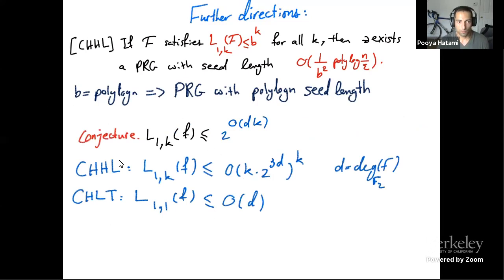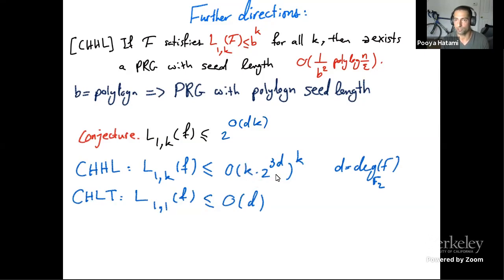What we can prove for F2 polynomials is that the L1 norm of the kth level Fourier coefficients is bounded by a quantity like k times 2 to the 3d to the k. You can see that this is problematic for our application because this k is growing.